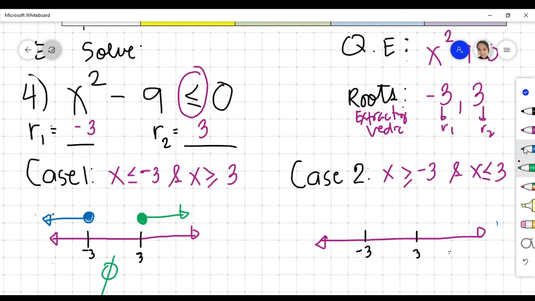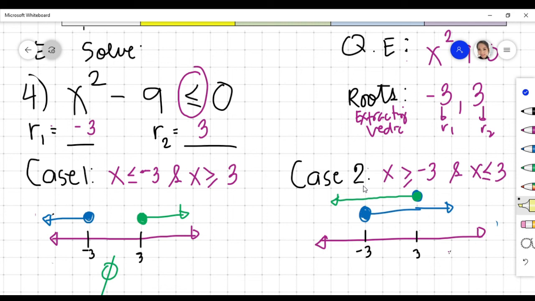Now, look at case 2, x greater than or equal to negative 3. So shaded circle above negative 3, and it moves to the right. And another one, shaded circle above positive 3, and it moves to the left. So where is our intersection?